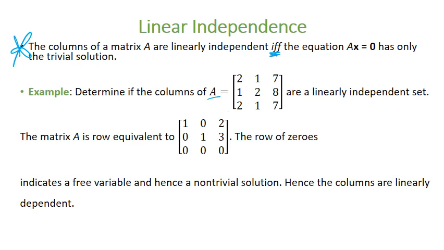Let's say I have this matrix here, and we want to know if these columns are linearly independent. Well, we need to see what's happening. So I can row reduce this matrix to this one here.